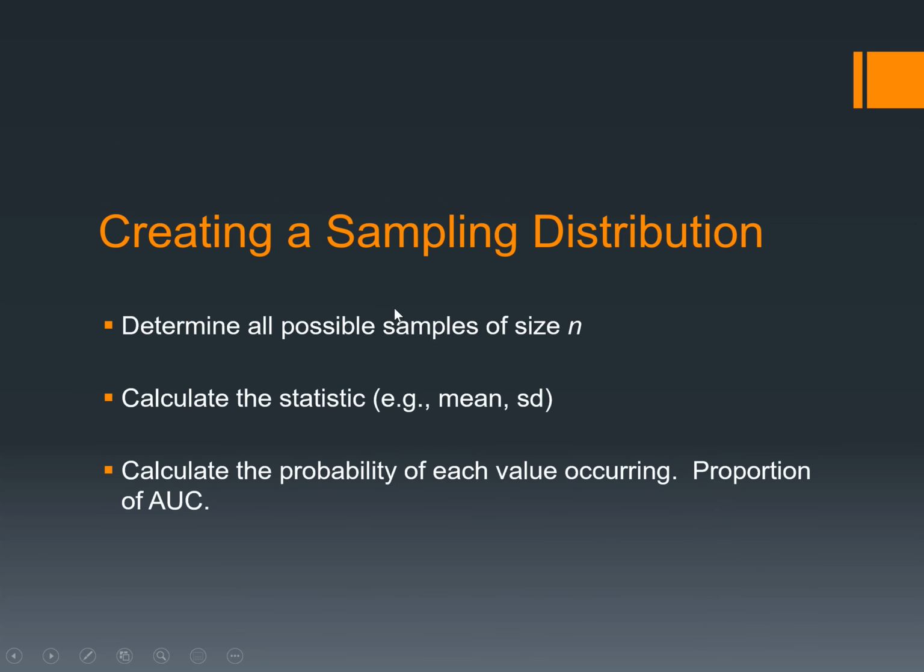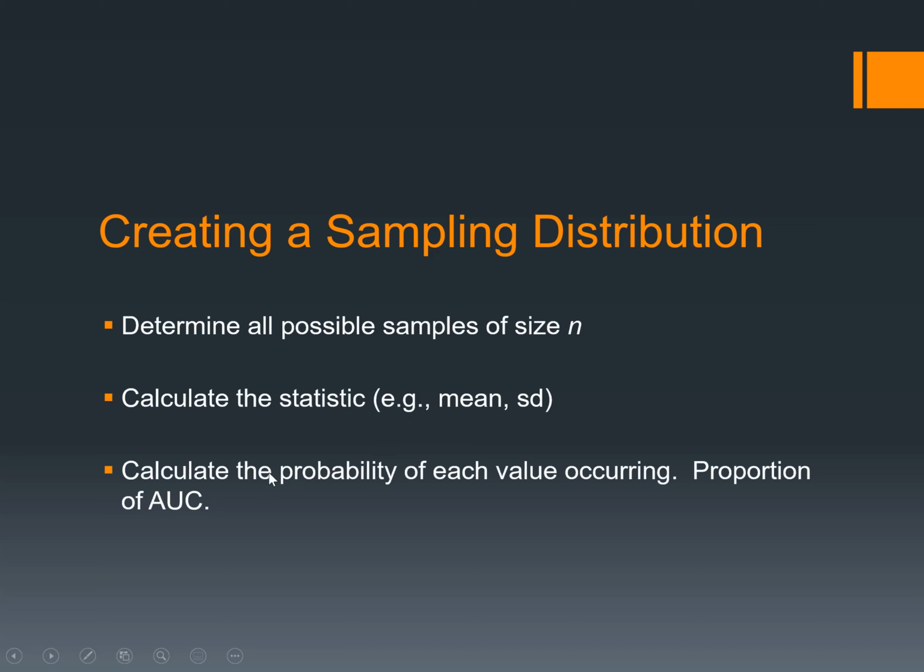and this isn't very practical, but say you wanted to create a sampling distribution, you would want to determine all possible samples of size n, right? So that in itself is not very practical. And then calculate the statistic repeatedly for all possible samples, basically infinitely. So this isn't a practical way to do it, but it's a way to think about it.